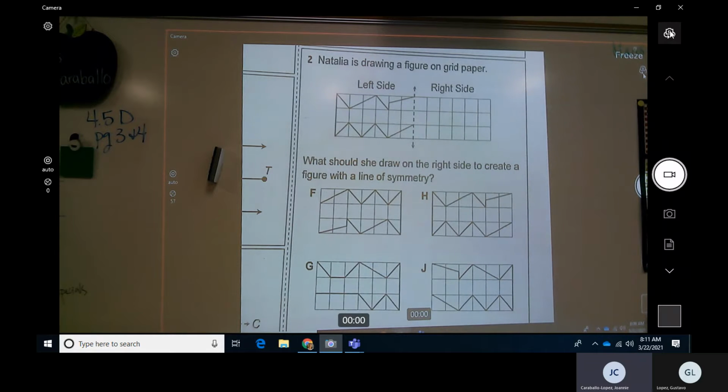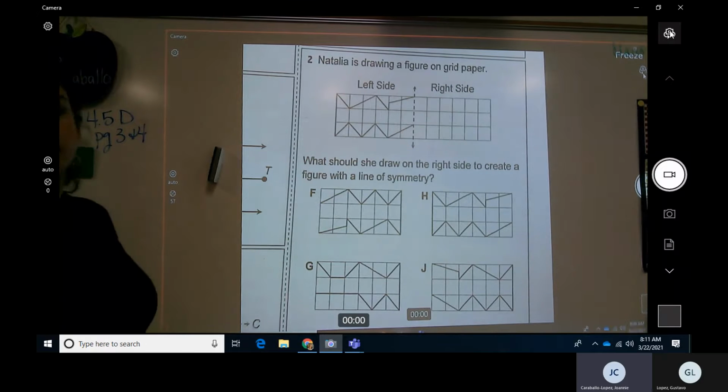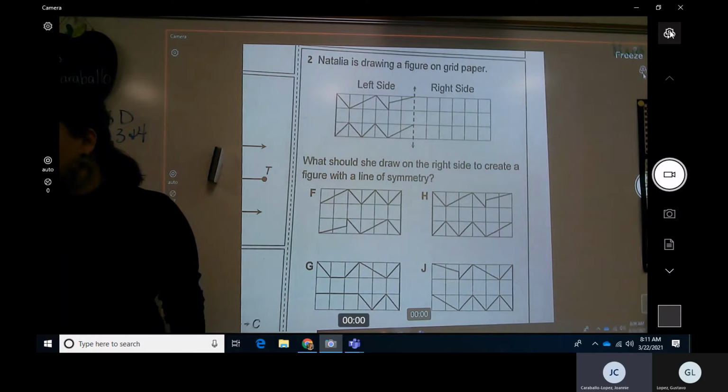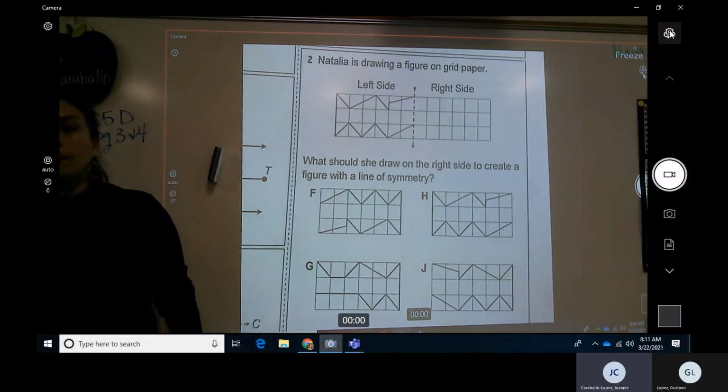A line of symmetry, línea de simetría. Léelo. Doblar de manera que ambas mitades sean iguales.